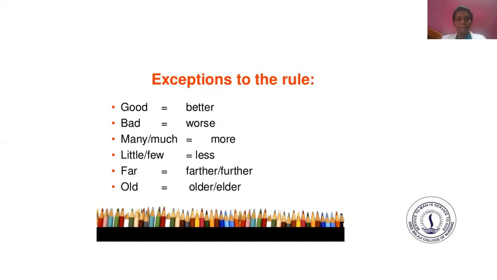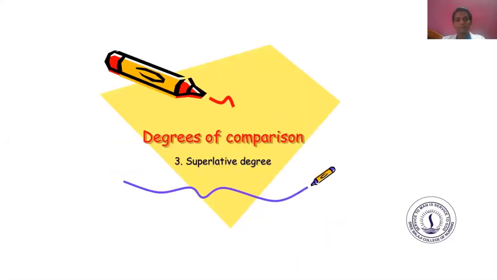Good, better; bad, worse; many or much is the positive degree, and more is the comparative form. Little, few or less; and far, farther or further. Old is the positive form, and older or elder is the comparative form.